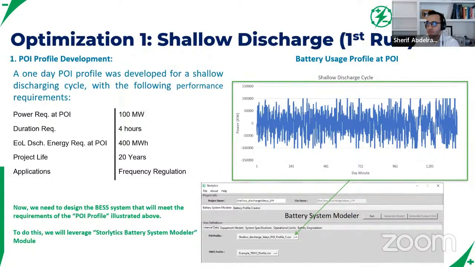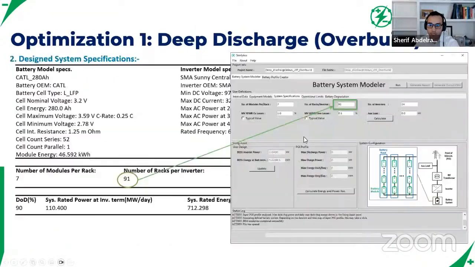All right, I'll just take one more question, and then we'll move on to the next optimization. We can leave the questions for later on. Sure. Is RTE seen on the AC side or DC side, and does it include the auxiliary services consumption or not? I think we alluded to this earlier, but auxiliary load here we're assuming is 0. For lithium systems, auxiliary load is mostly HVAC.